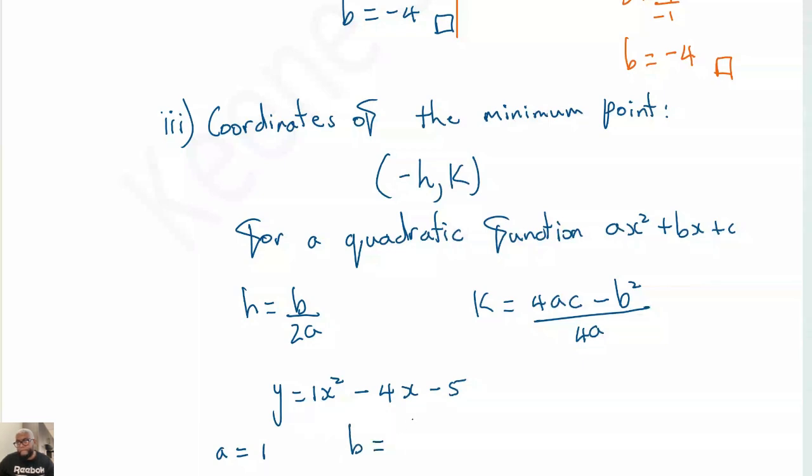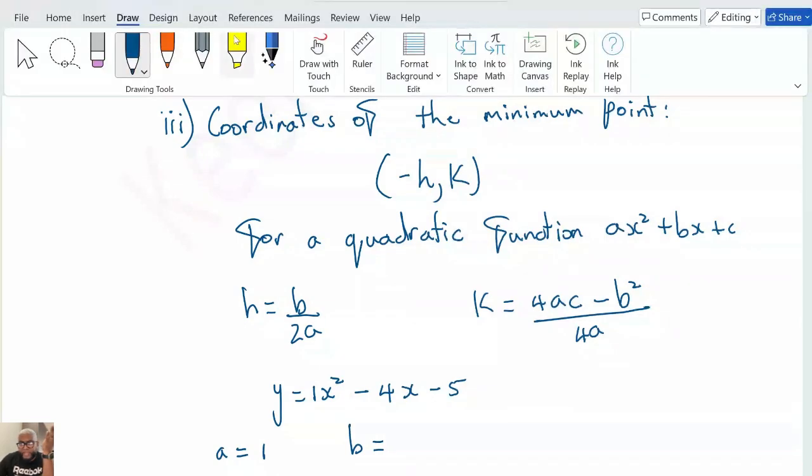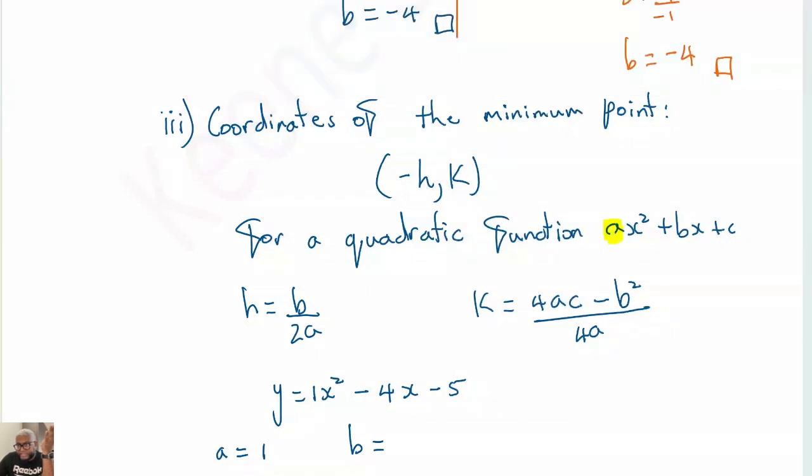We're looking for A, B, and C to work out this quadratic. Now, the function is of the form ax squared, which is this A, the number in front of x squared. This is B, the number in front of x, and C is the number by itself, right? So from this quadratic here, what is A? A is 1, right? What is B? B is what?